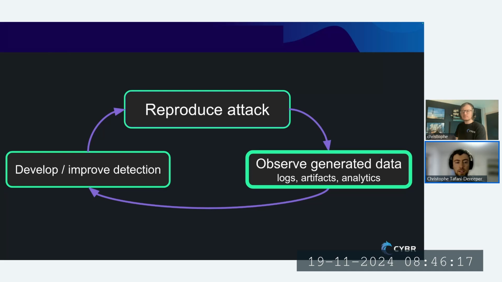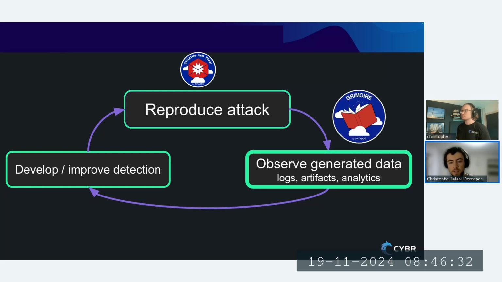I'm going to write a detection based on that. And you're going to iterate on that to make sure it's working properly. In this picture, Stratus Red Team is about knowing which attacks to detect and how to reproduce them easily. And Grimoire, that we'll see next, is more about how you generate data sets of cloud security logs.